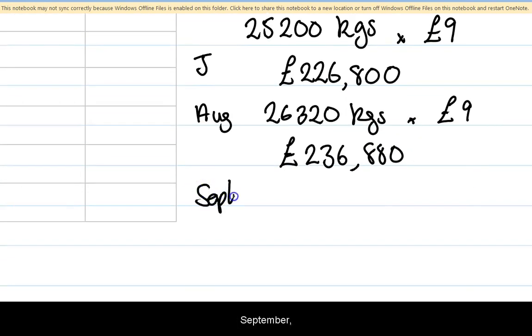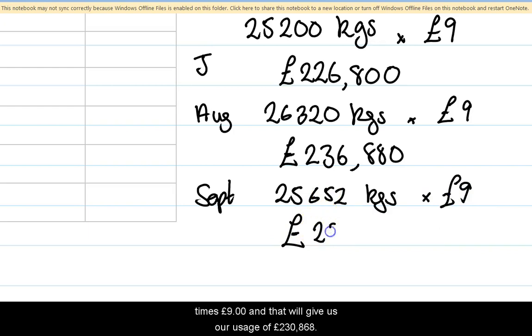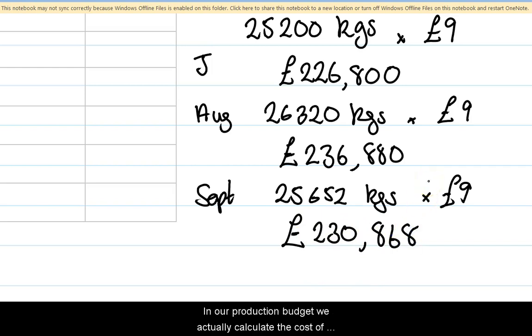September, we have our usage for material A, 25,652 kilos times £9, and that will give us our usage of £230,868. In our production budget, we actually calculate the cost of the materials we used for production.